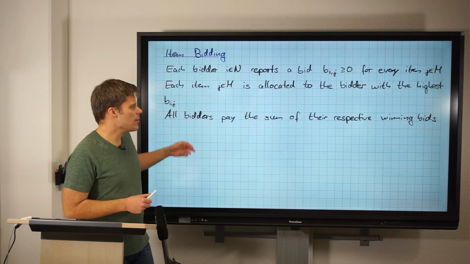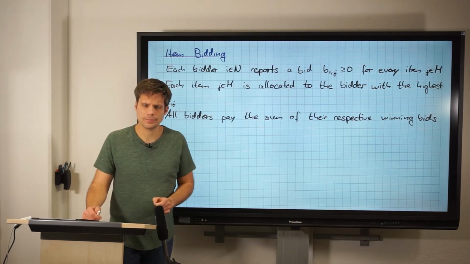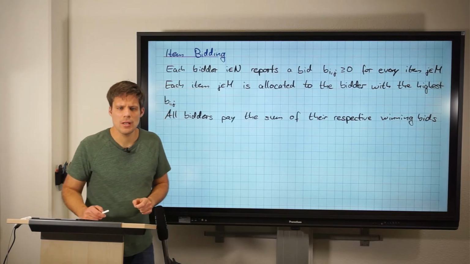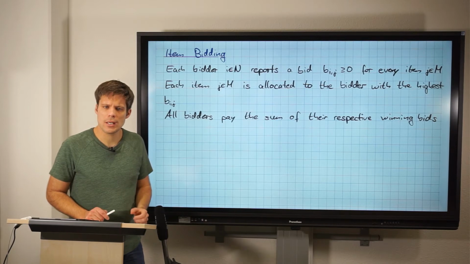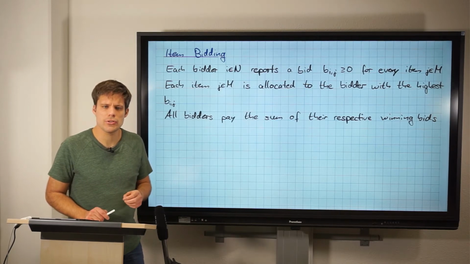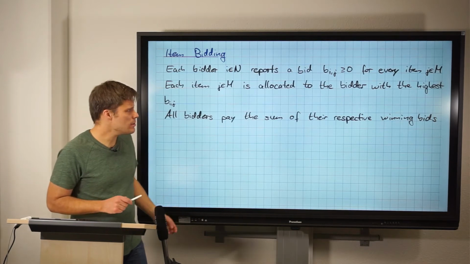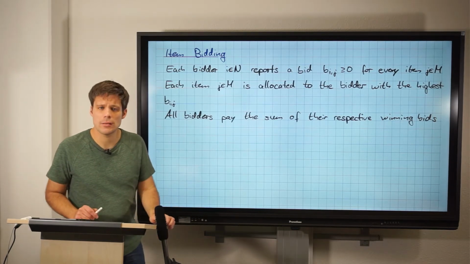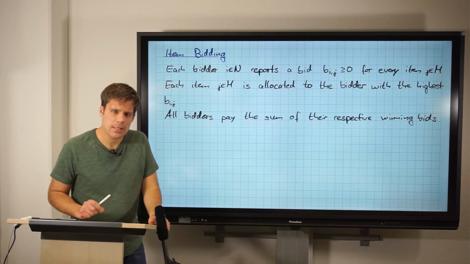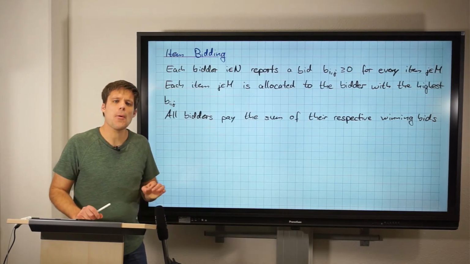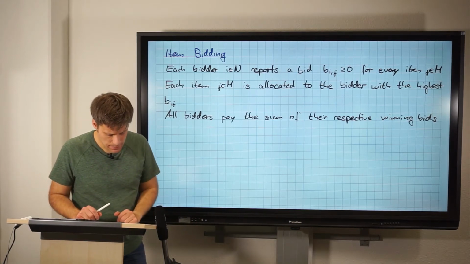But other than that, also, this way of bidding cannot be truthful because you cannot tell the mechanism what you really want. You do not report your true valuation functions, but all you can do is bid on all items, and then you might also win multiple items.